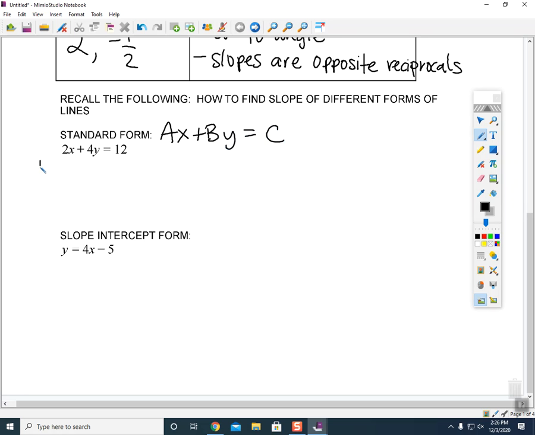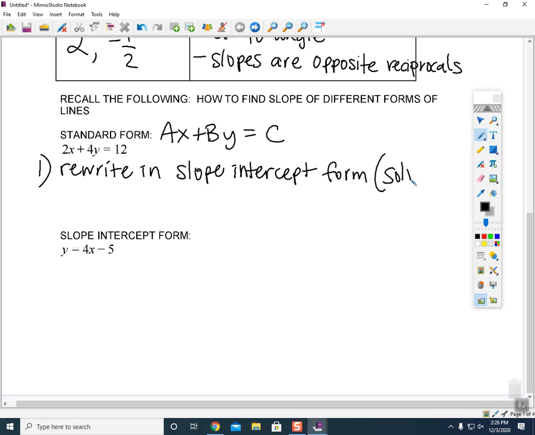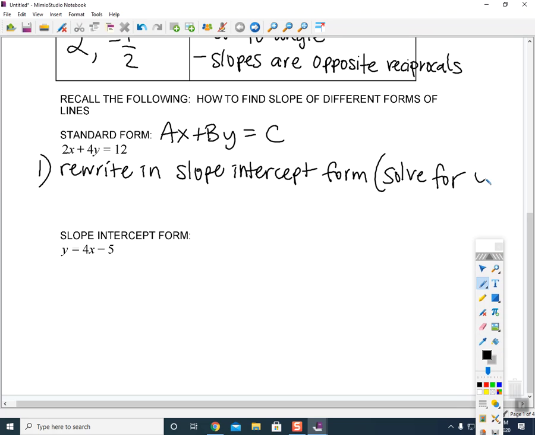The first way that we could figure out the slope of an equation in standard form is to rewrite it in slope-intercept form. So solve for y.